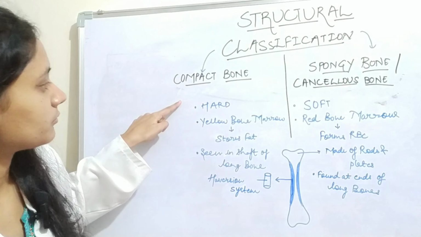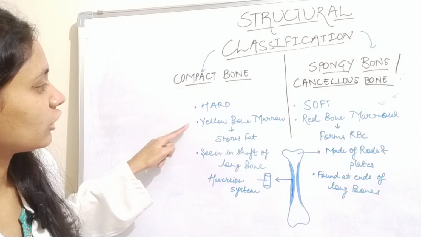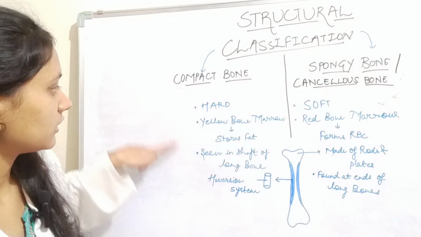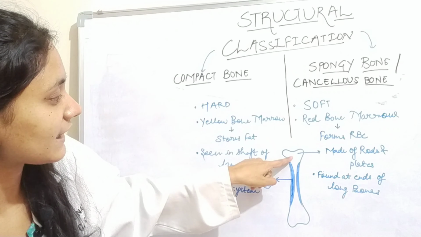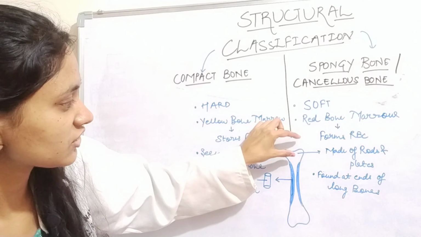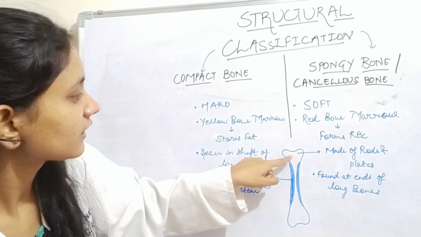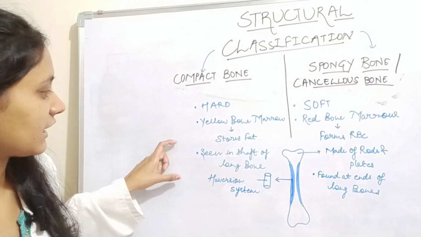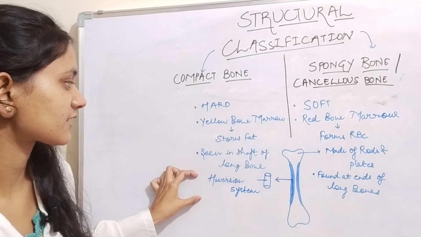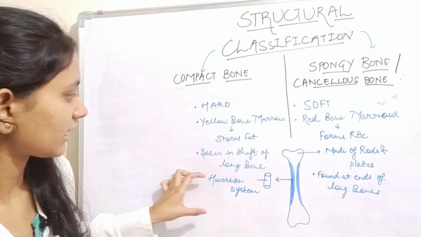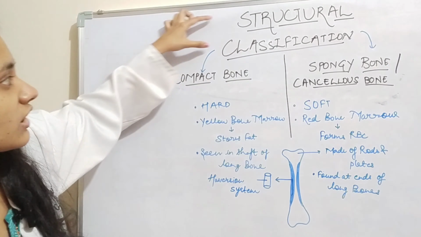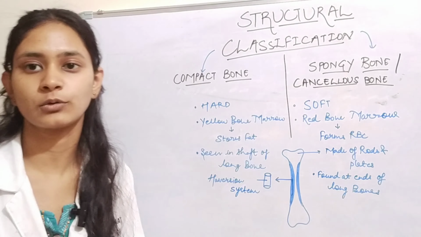Compact bone contains yellow bone marrow, whose function is to store fat, and the spongy cancellous bone has red bone marrow, which has the function of forming RBCs. The spongy bone is made up of rods and plates, whereas compact bone is made up of lamellae, which form the Haversian canal system. We will study these Haversian canals in detail. Compact bone and spongy bone are the structural classification of a typical bone found in our body.